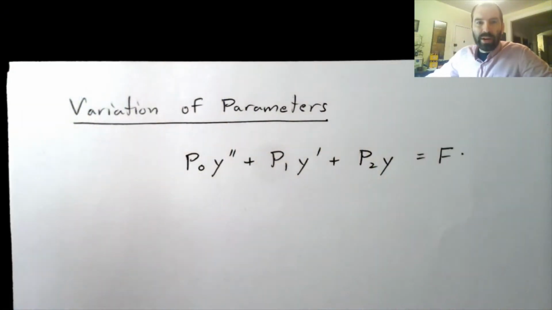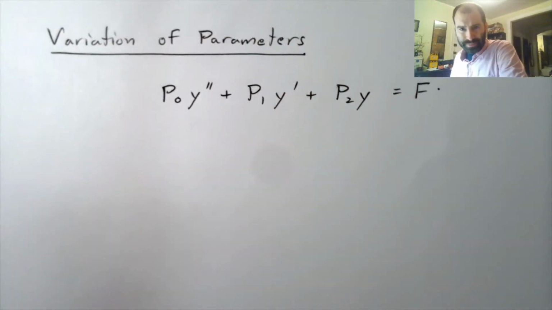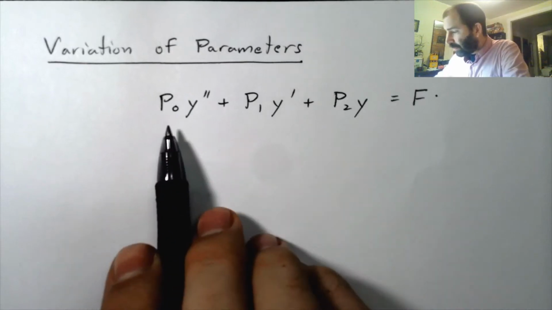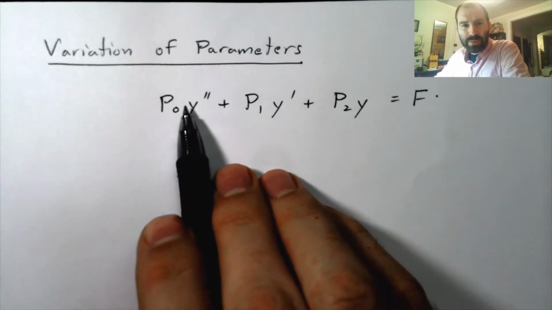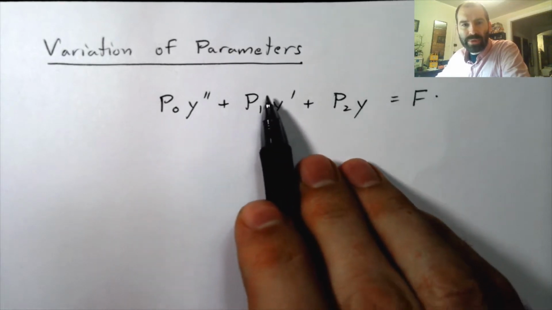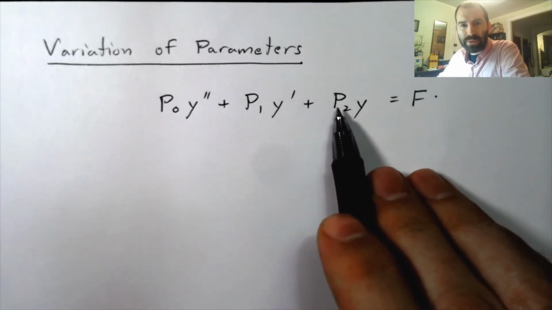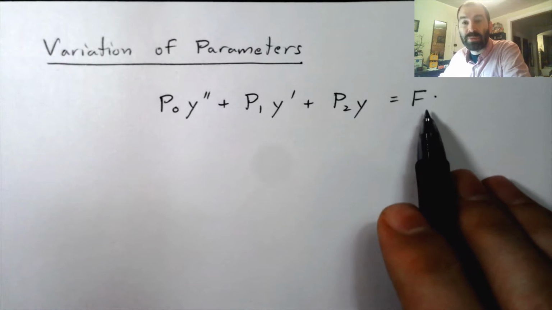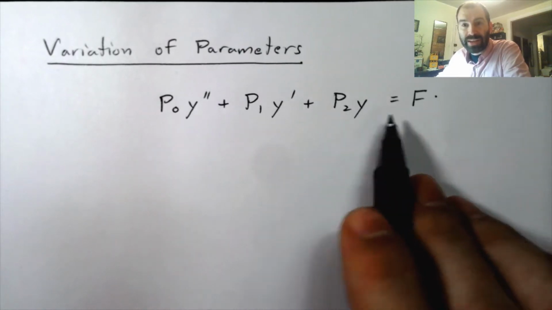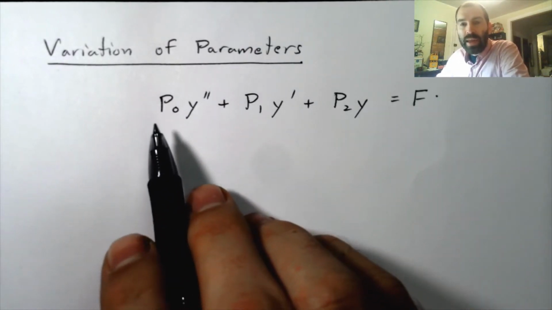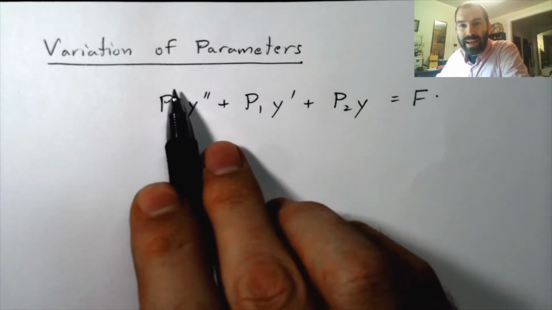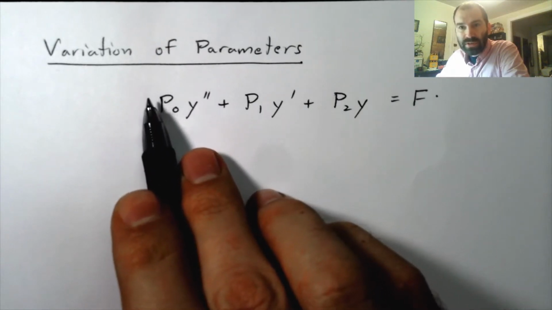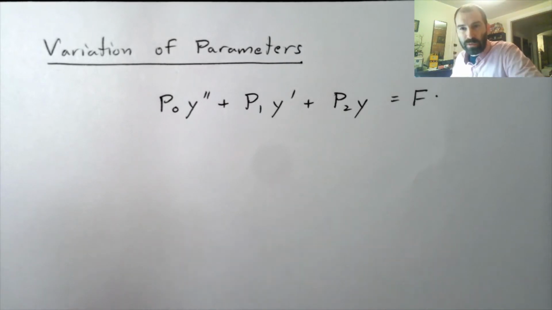Okay, so let's take a look. All right, so variation of parameters. I have a differential equation set up here. This is the form that we're going to be looking at. It's going to be some function times y double prime plus some function times y prime plus some function times y equals some function. So these are functions of x. We're going to assume that this function here, p0, does not have any zeros on some interval where we're looking for our solution.